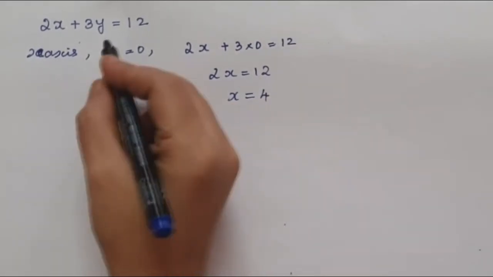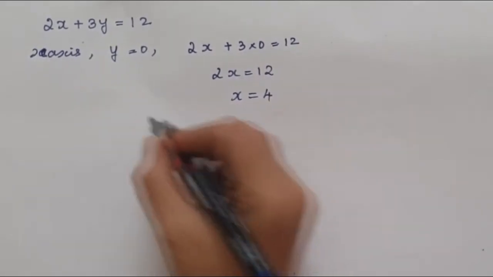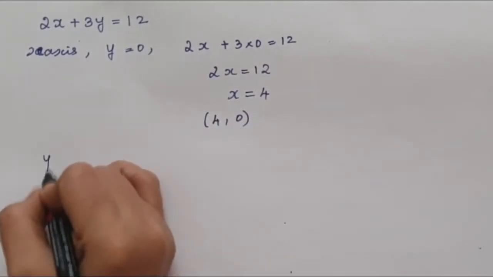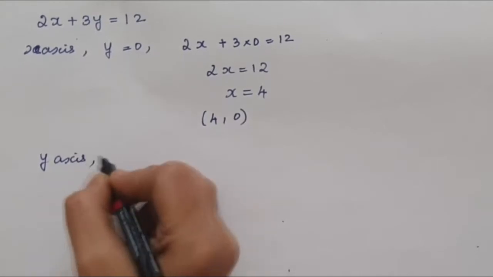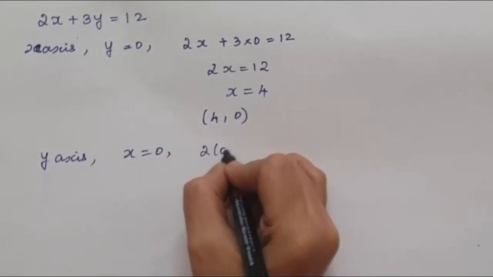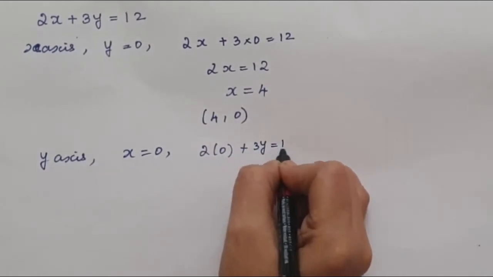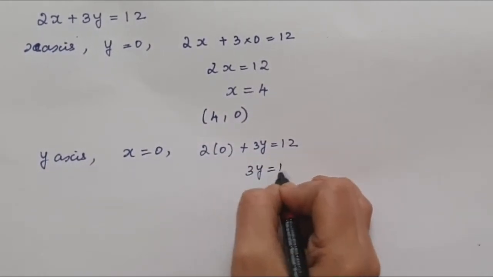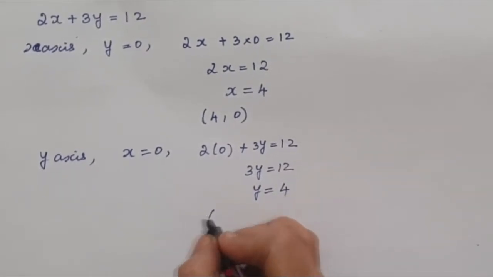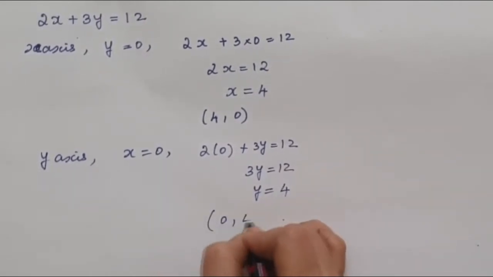So the coordinate of the point where this line intersects the x-axis will be 4, 0. In the same way, to find the coordinate where it intersects the y-axis, you substitute x as 0. So 2 into 0 plus 3y will be equal to 12. So 3y will be equal to 12, so y will be equal to 4. The coordinate where the line intersects the y-axis will be 0, 4.